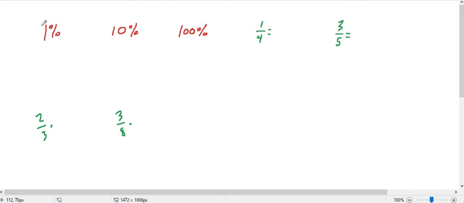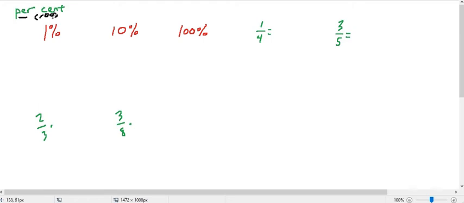First of all, going left to right here, 1%, write it as a fraction. Remember percent, I think about 100 with cent, like century. So per 100. Whenever I hear per, I think about the fraction bar, like miles per hour.